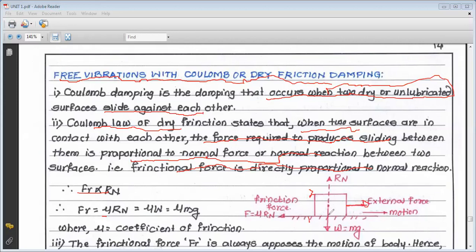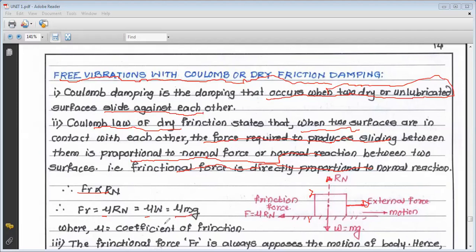The normal force is in this direction, that is Rn, the normal reaction. This body has some mass, so the weight of the body is mg. If we take the equilibrium in the vertical direction, then Rn is equal to weight, that is Rn is equal to mg. So we get Fr is equal to mu Rn is equal to mu W is equal to mu mg, where mu is the coefficient of friction.